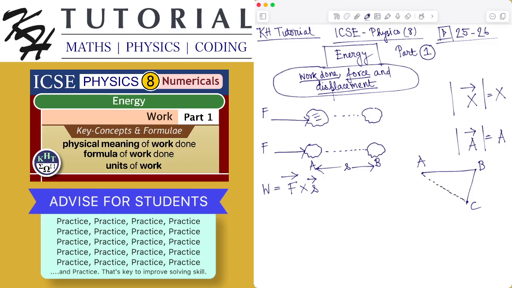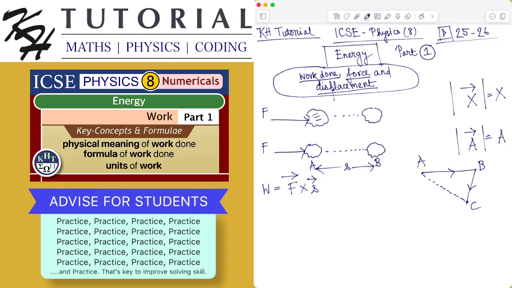So the particle moved from A to B, and then from B to C. ABC is the triangle.